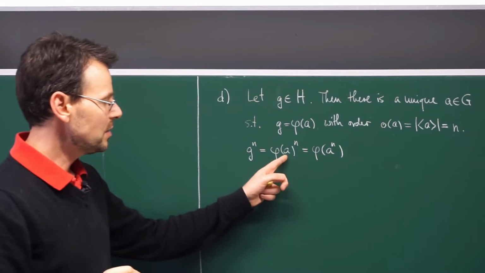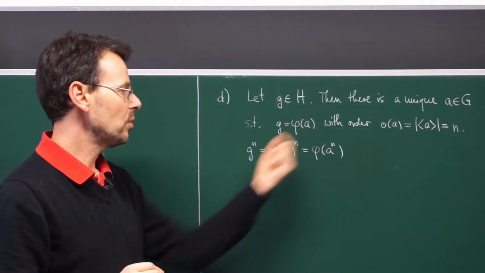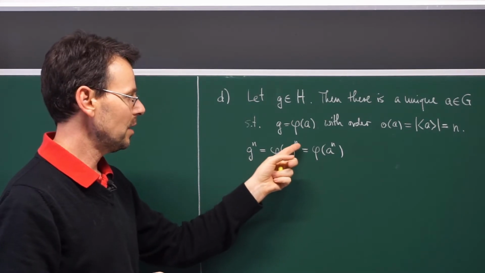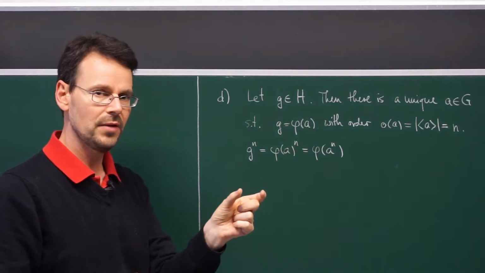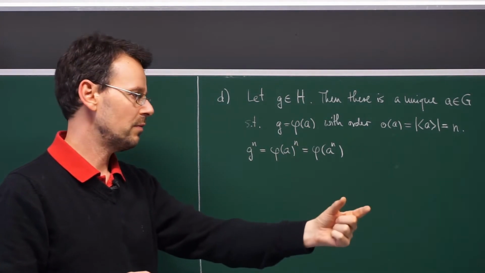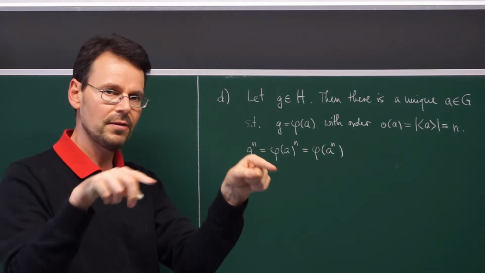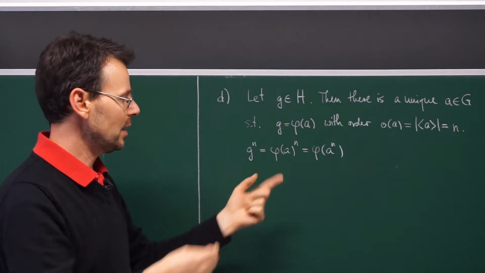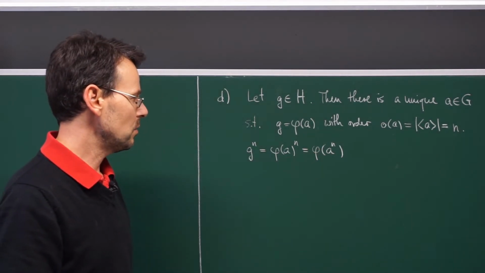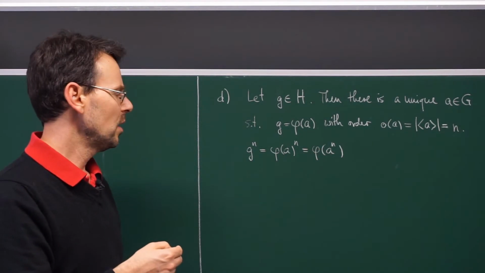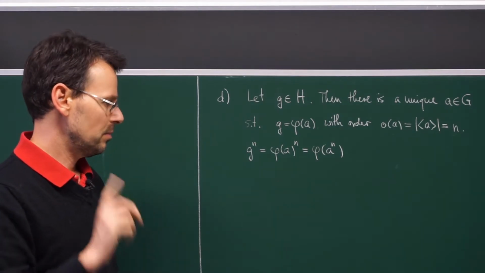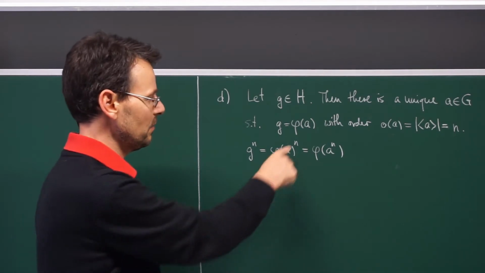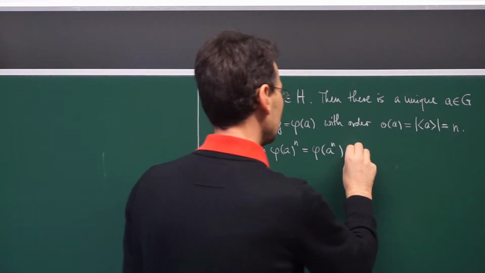Now, because phi is a homomorphism, I can pull this n inside, because, for example, phi of a squared is phi of a composed with phi of a. This is phi of a composed with a, because phi is a homomorphism. And inductively you can show that this is true. I think we also did that on some previous problem set, we proved this actually for all integer powers.